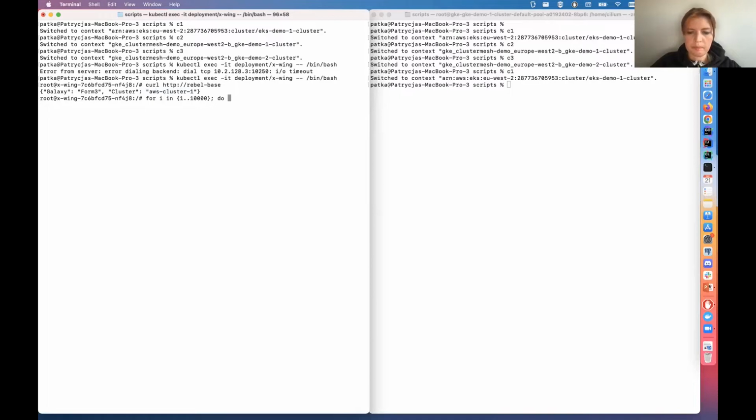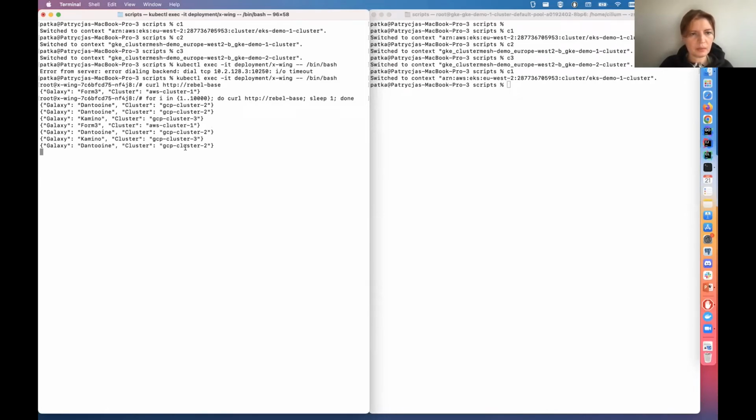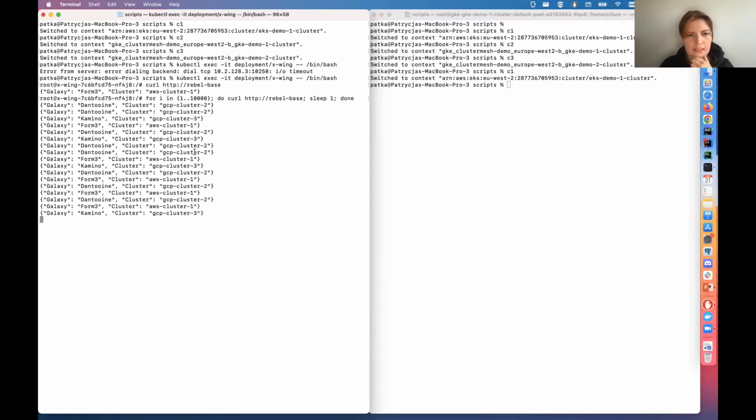So a short bash script to hit Rebel Base thousands of times with a short sleep, and we are done, I think. Okay, so we see that we are getting at the moment the answers from GCP clusters, but basically we see the answers from all three clusters.